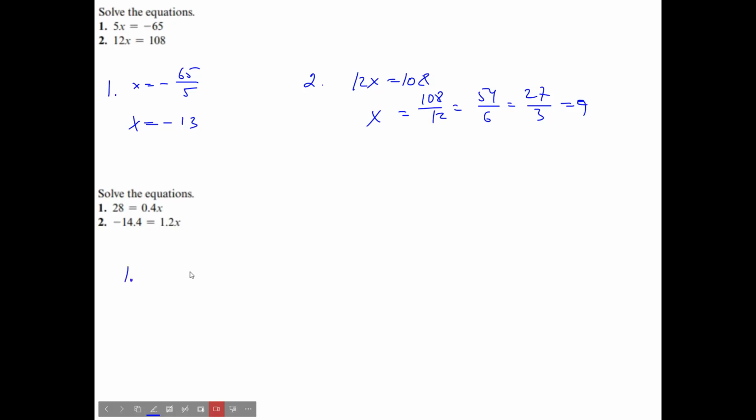So the first one, what is it? 0.4. Or if I don't have a calculator, what is it? 4 over 10, right? 24 times 10 over 4. What is it? 24 and 4.